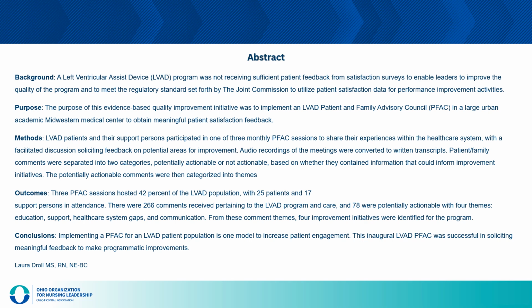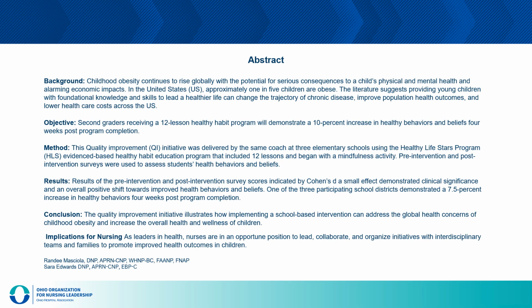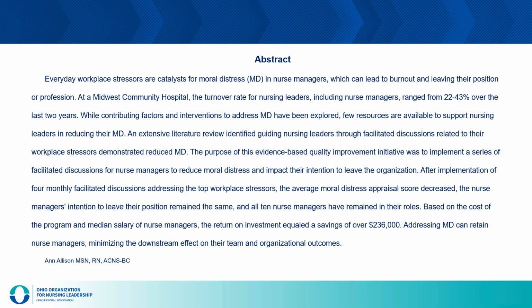It has background, purpose, methods, outcomes, and conclusions. This one is similar. Background, objective, methods, results, conclusions, and implications for nursing. Remember, different organizations will require different things in your abstracts. This abstract is an unstructured abstract, which too is fine.